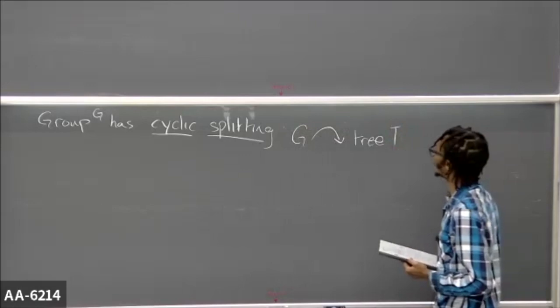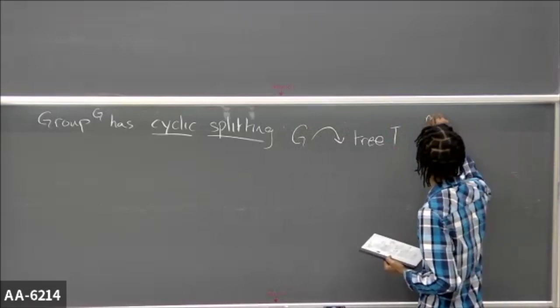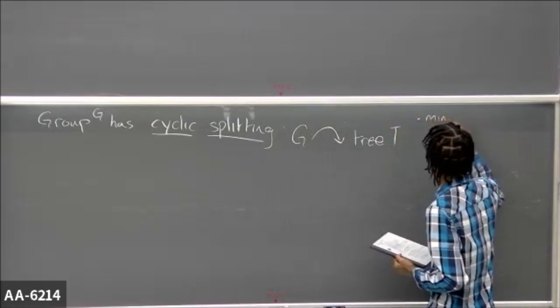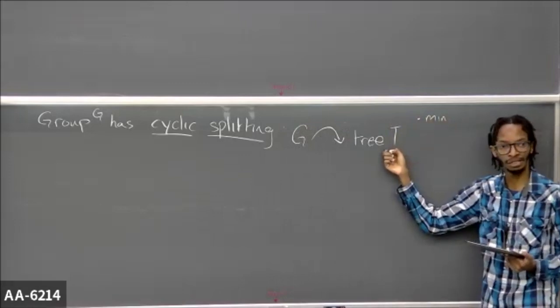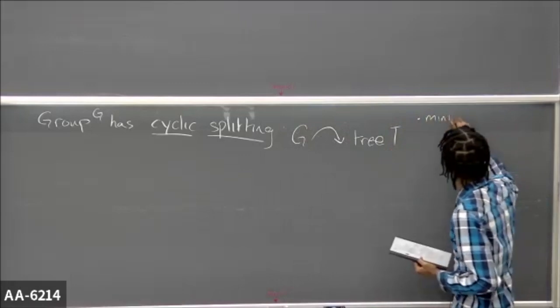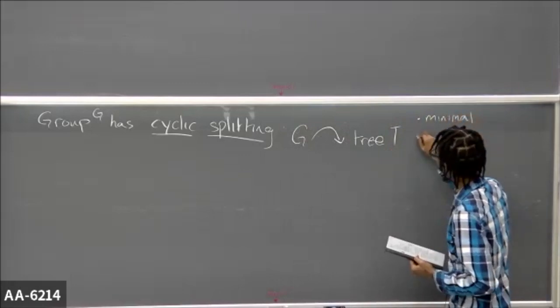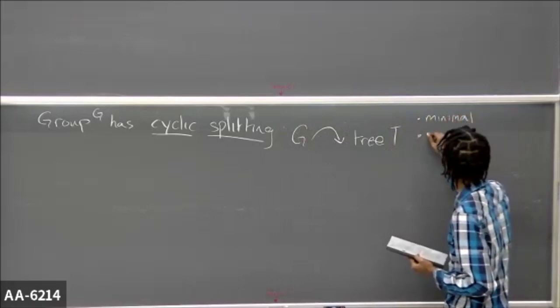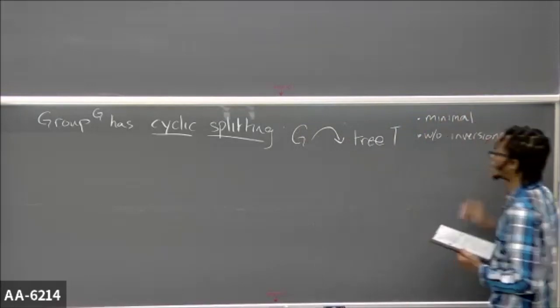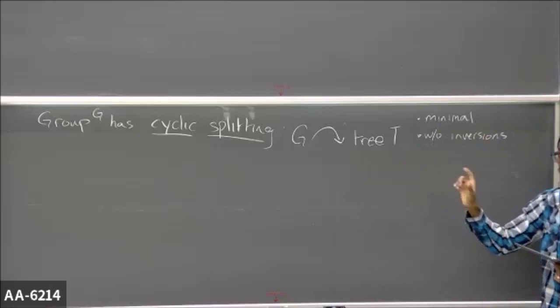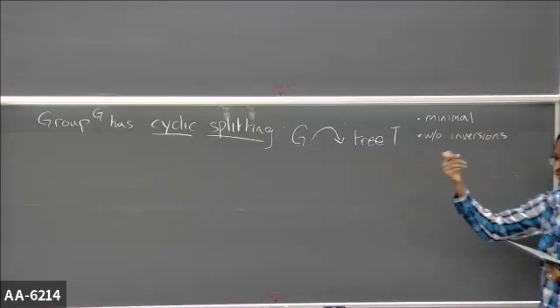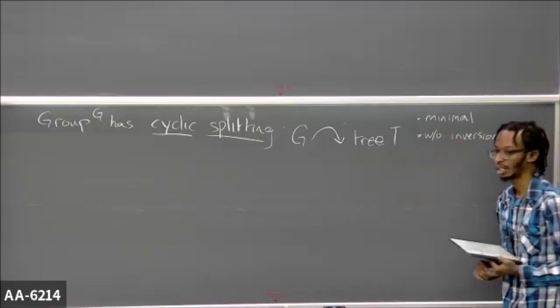And I want this action to be minimal. That means there is no invariant proper subtree. And then I want it to be without inversions. So if it fixes a point in an edge, it fixes the whole edge pointwise. It doesn't flip an edge onto itself.